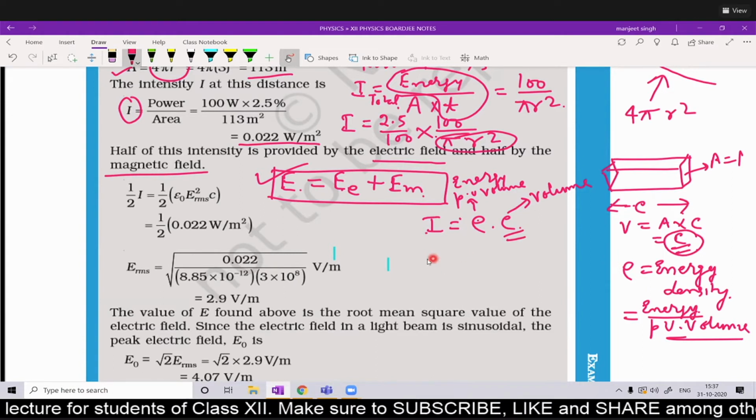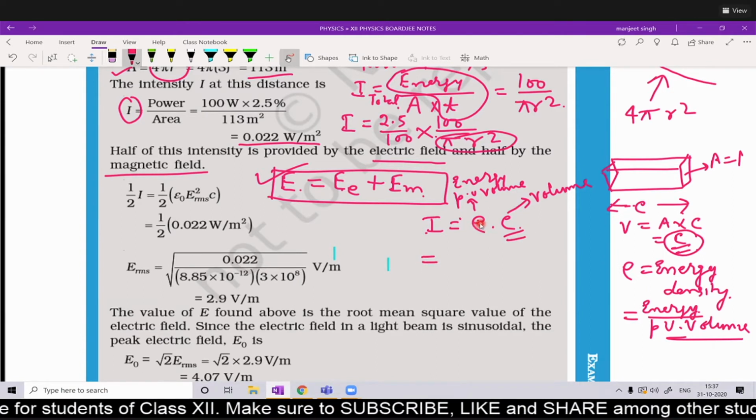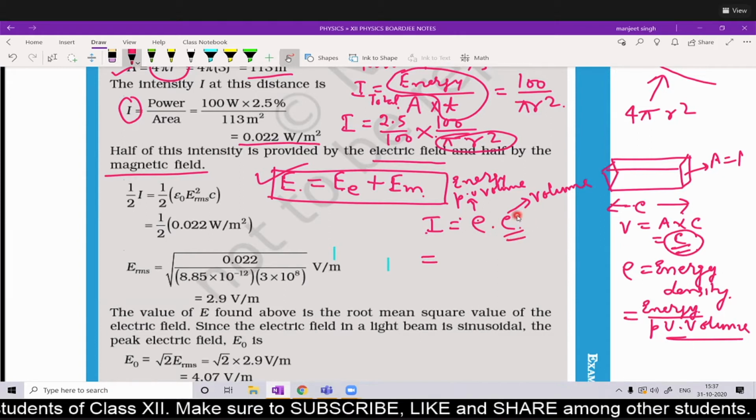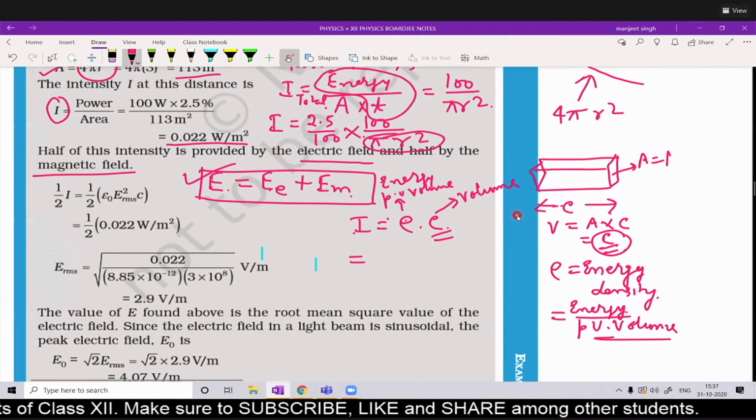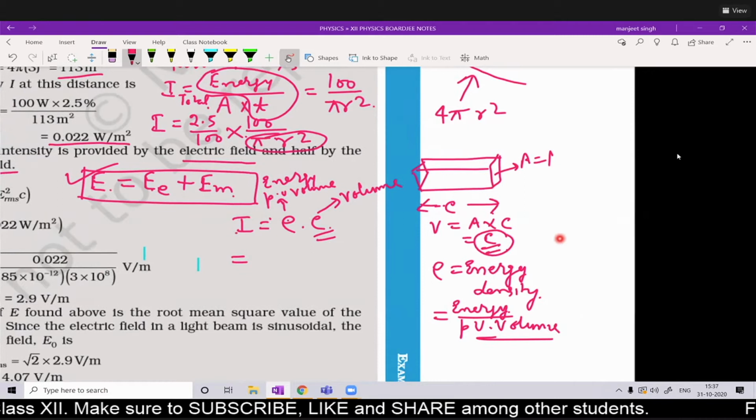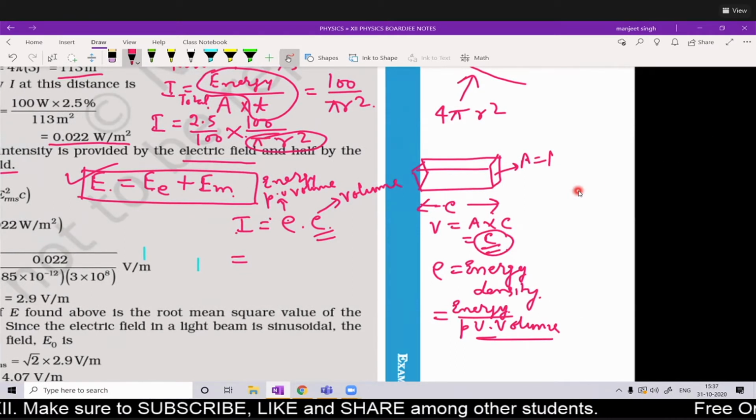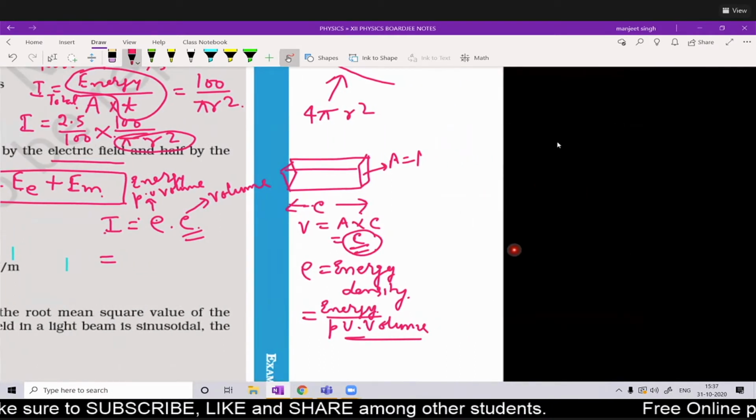Now rho, we know rho in terms of two variables. Let us write it here. What is the energy density?